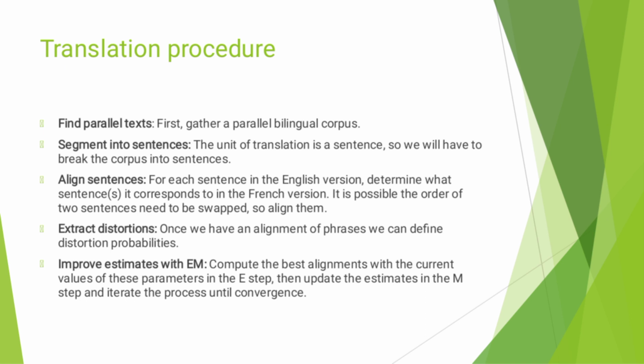Then align sentences: for each sentence in the English version, determine which sentences correspond in the French version. It is possible the order of two sentences needs to be swapped. Then extract the distortions: once we have an alignment of phrases, we can define distortion probabilities.